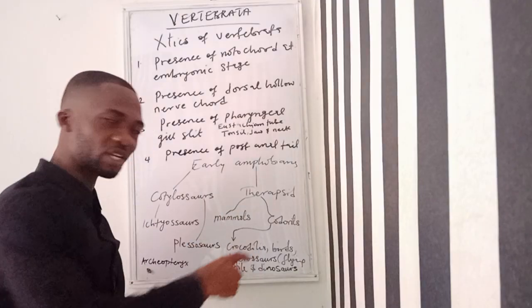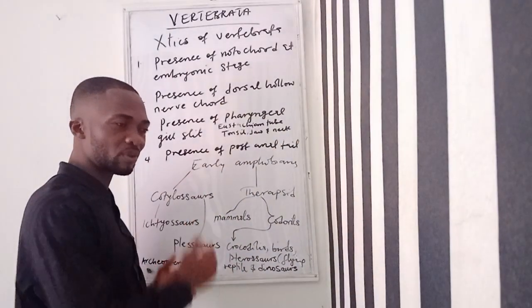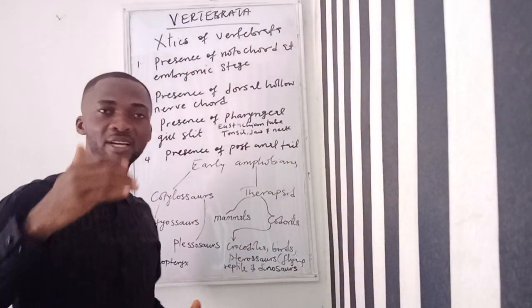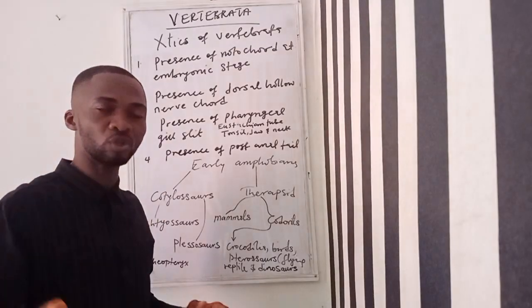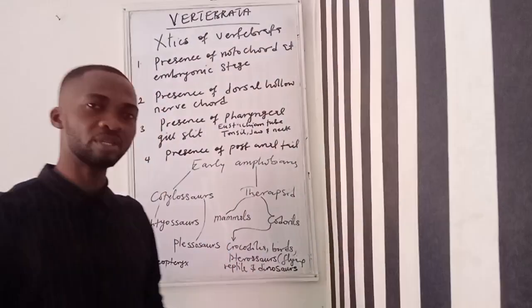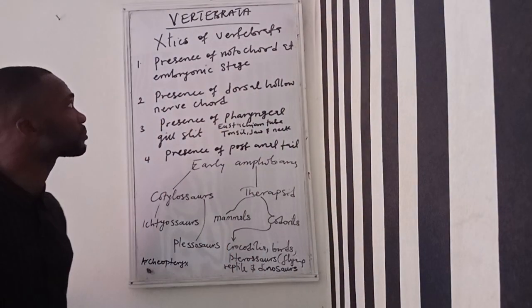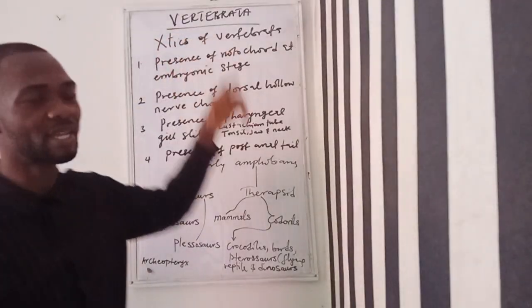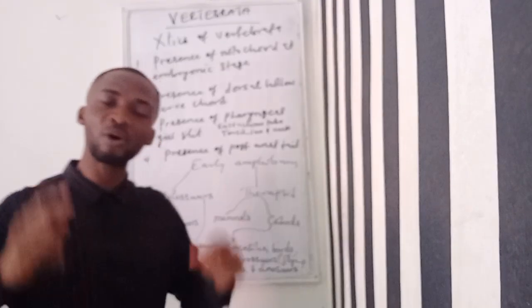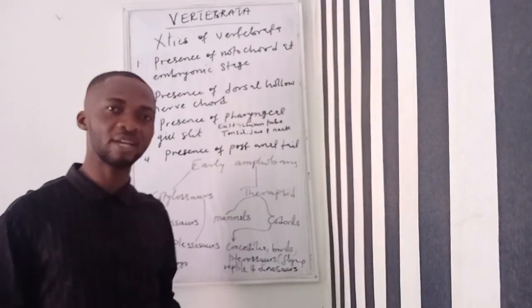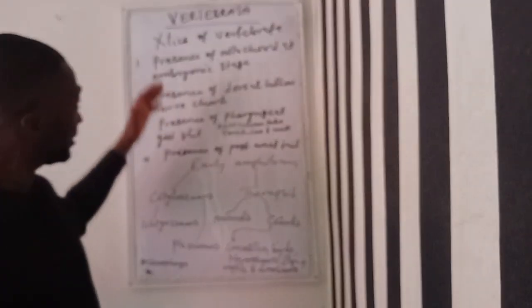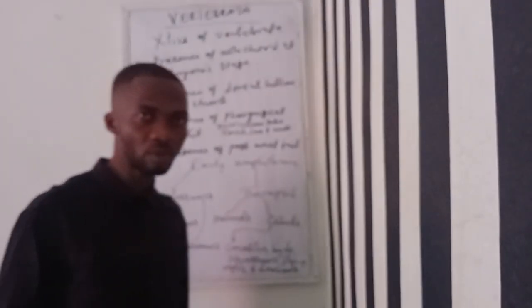Within the course of evolution, there was a transition from invertebrate to vertebrate. So this vertebrata is a subphylum of the phylum chordata. All right, so we want to begin to study this vertebrata.